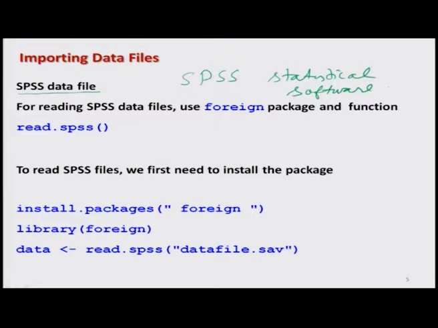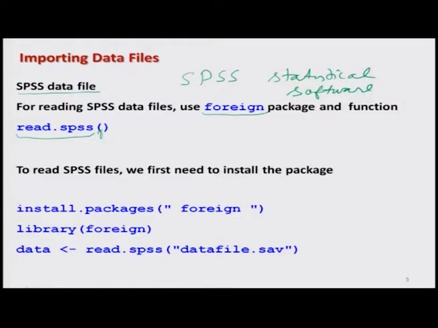In order to read a data file that is created in the SPSS package, we need to install a special package which is called foreign, FOREIGN, all in small letters. So, first we install this foreign package, and then we use the function read.spss, and we give the name inside this argument.